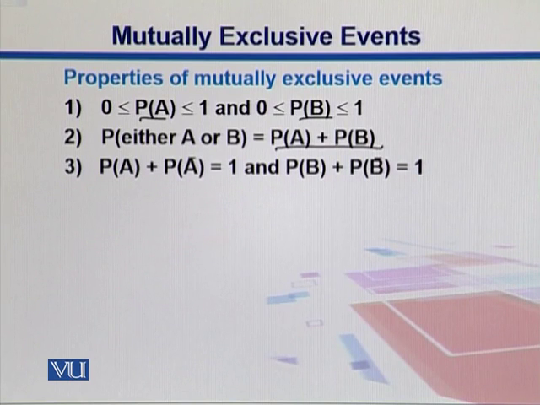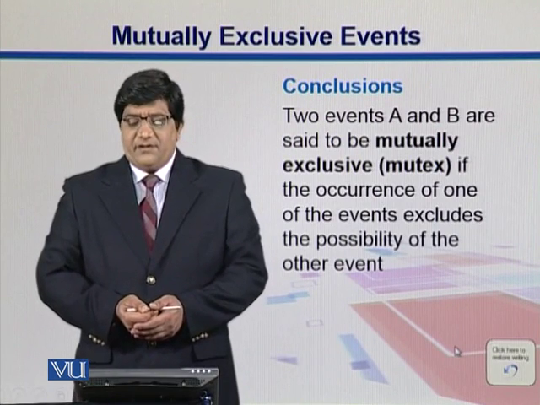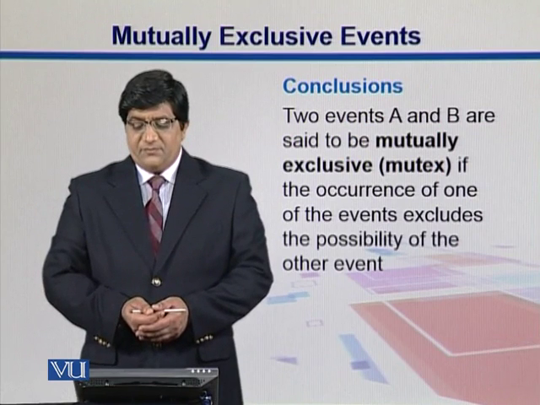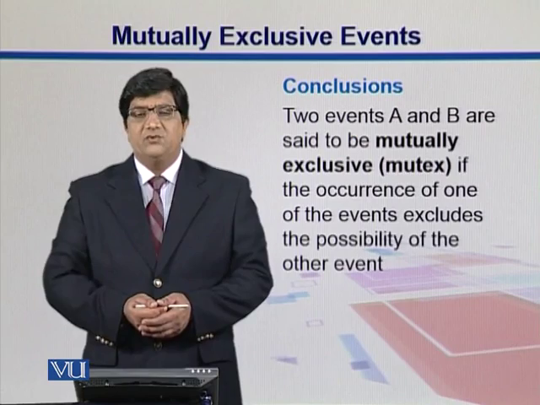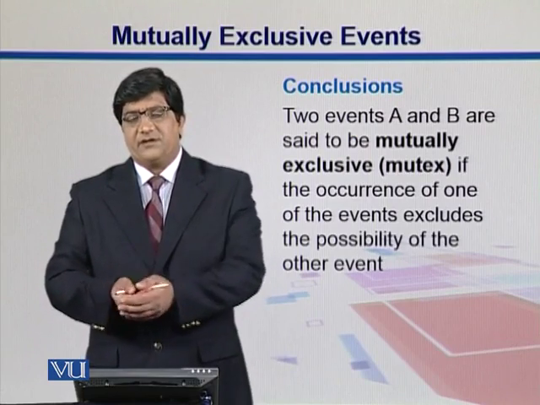The probability of an event and its complement equals 1, and this is true for both of them. So two events A and B are said to be mutually exclusive, mutex, if the occurrence of one excludes the possibility of the occurrence of the other.